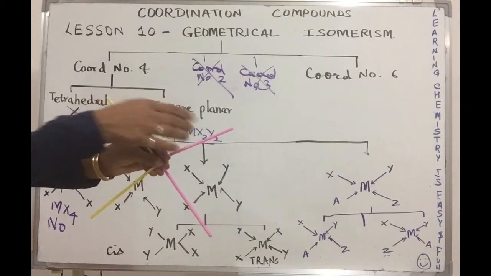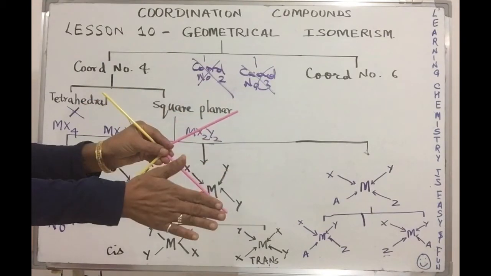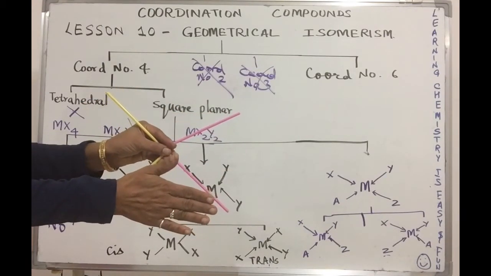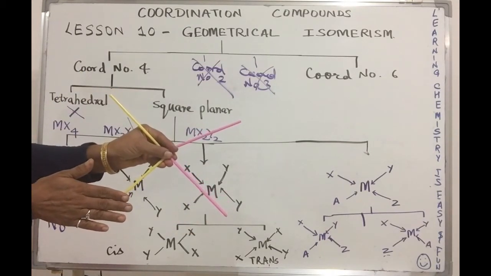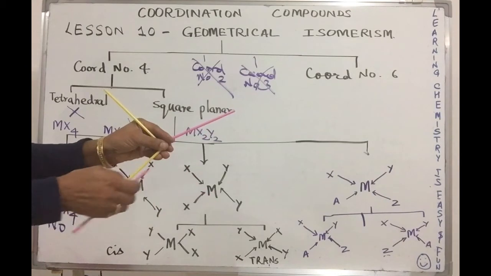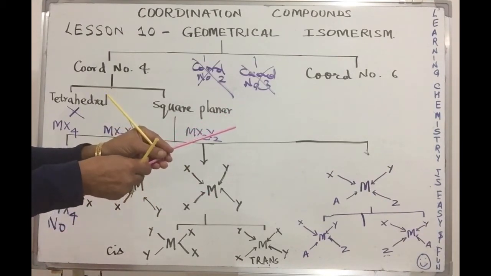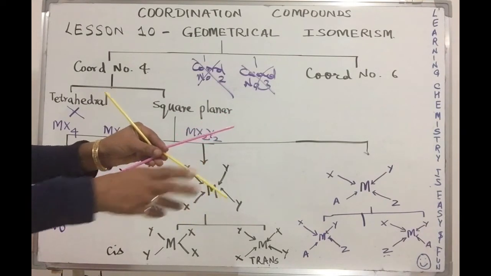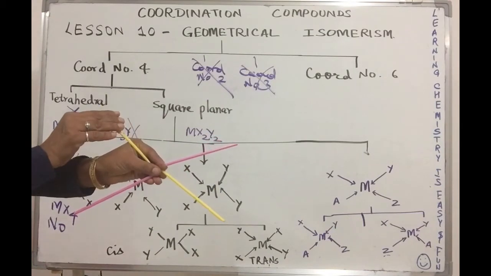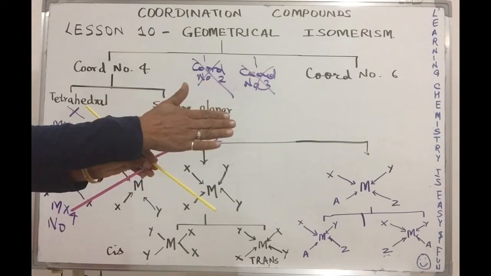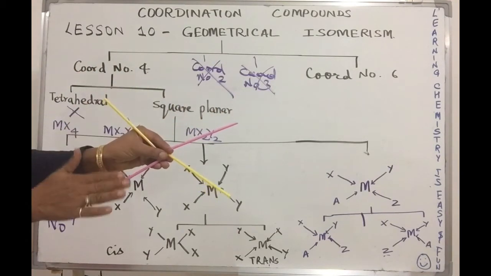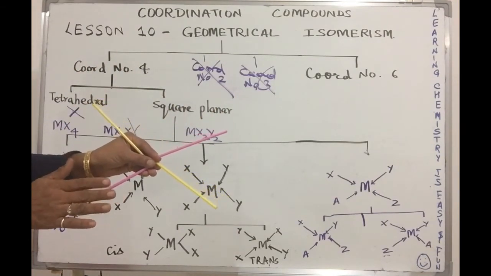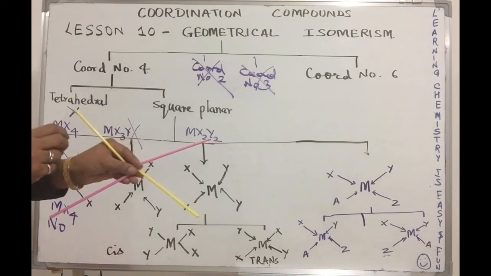So you have 2 ligands of the same type on one side, 2 ligands of the same type on the other side. The other possibility is that they go opposite to each other, right? So I have this kind of an arrangement where the 2 yellows are on the opposite side, the 2 pinks are on the opposite side, right?